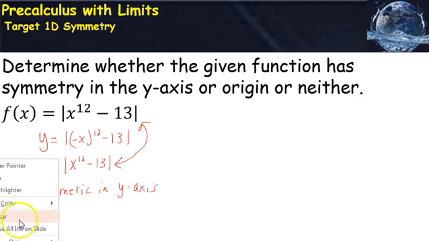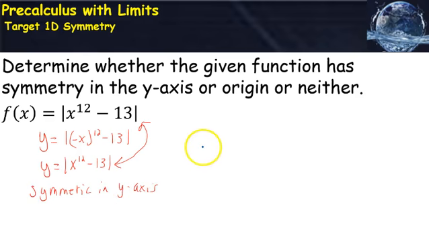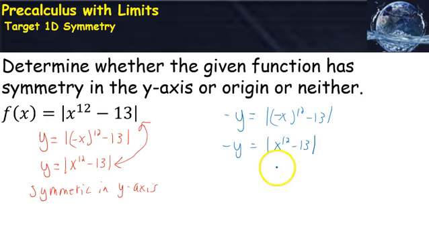Have another color. And now to check the origin. I get negative y equals negative x to the 12th minus 13. So I have negative y equals x to the 12th minus 13.